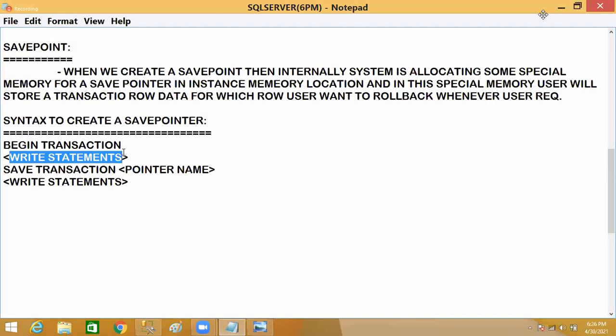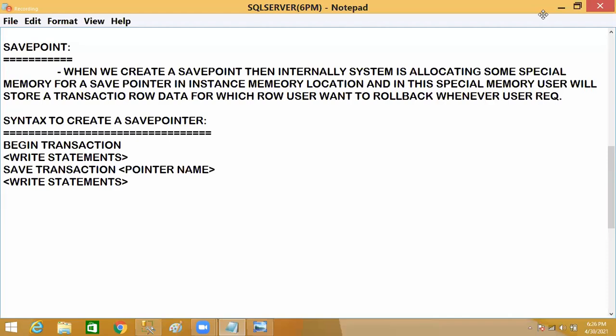That means it is special memory allocated by your system, as I said. So before the savepoint, whatever you wrote, that operational data is stored directly in instance memory. After the savepoint, whatever you wrote is stored under savepoint memory.